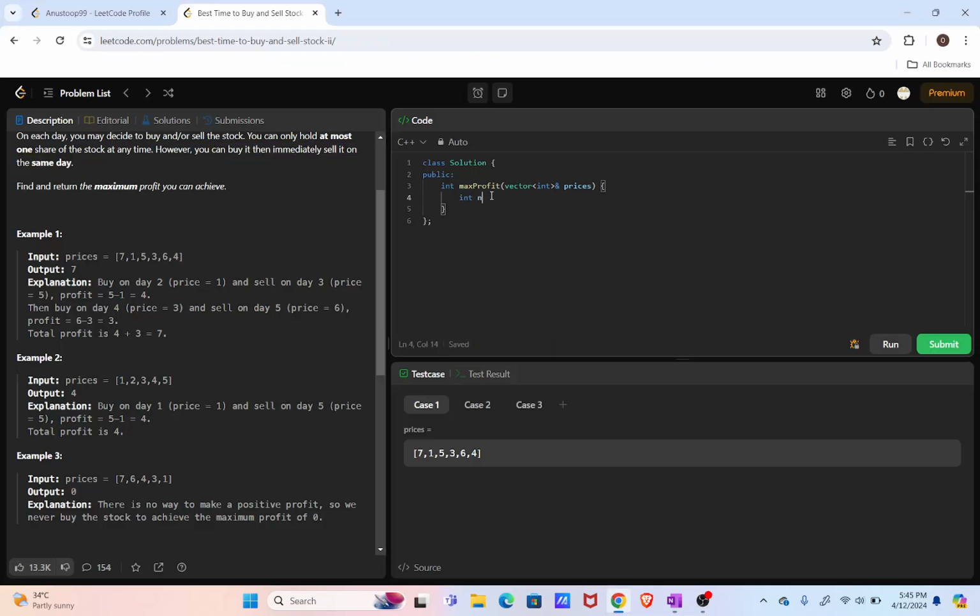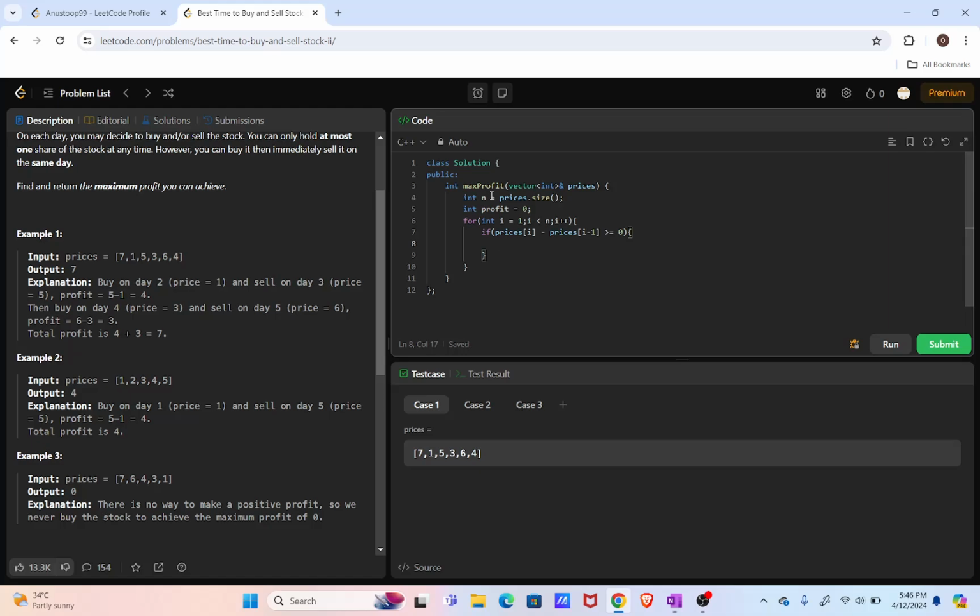Okay, so I want to take n, which is prices.size. Then let's call profit as 0. All I want to do is iterate over the entire array, I plus plus. If prices of I minus prices of I minus 1 is greater than or equal to 0, well then it's always profitable to add this, right?